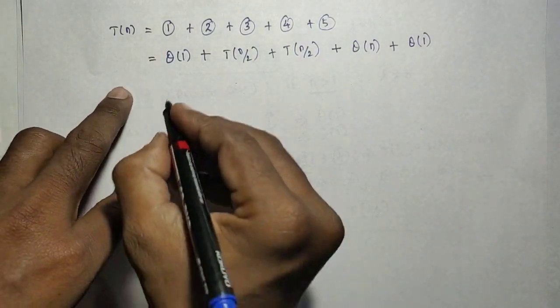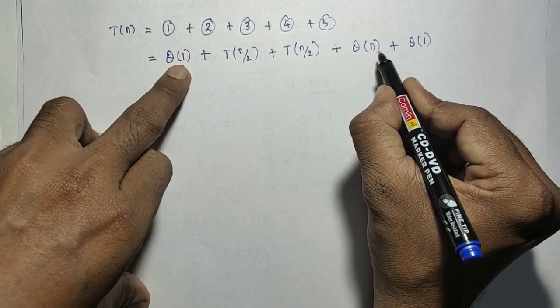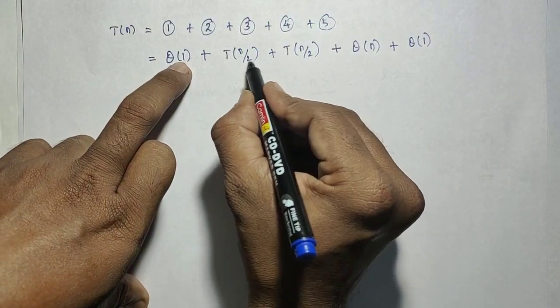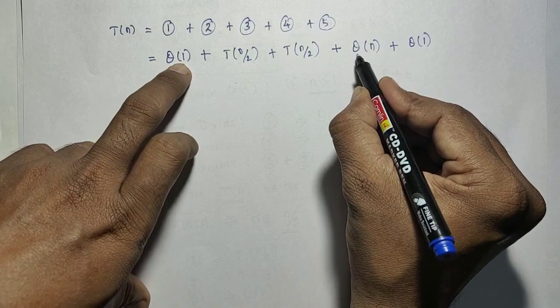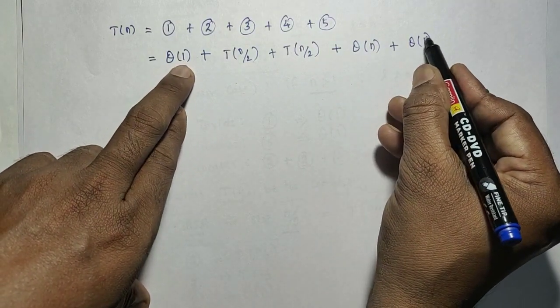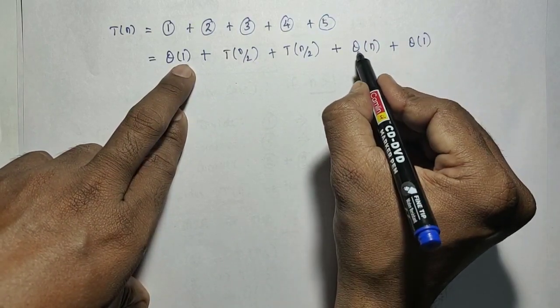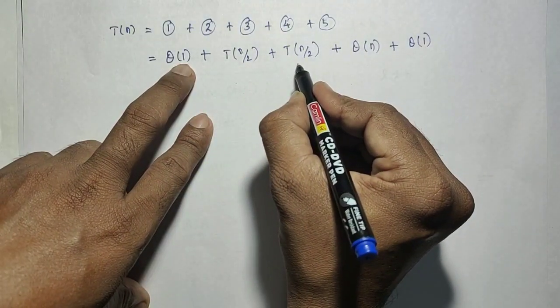Here theta of n is already a known complexity, and theta of 1 is also a known complexity. The unknown complexity is T of n by 2, which we cannot find now. Among the known complexities, n and 1, we can ignore the constants, so we can write only theta of n among these. But the unknown terms cannot be ignored, since we have not determined them so far.